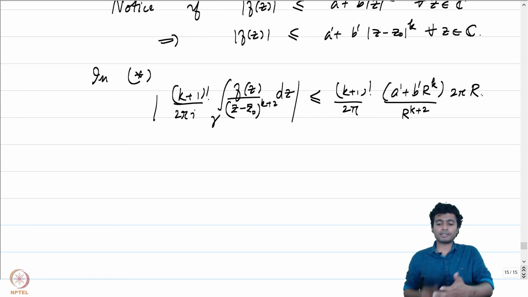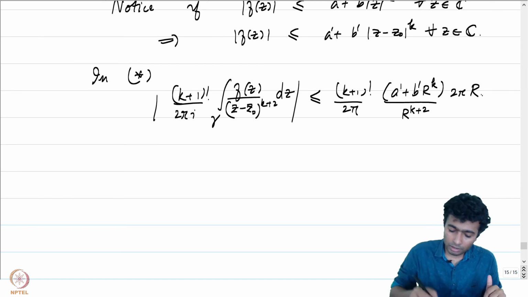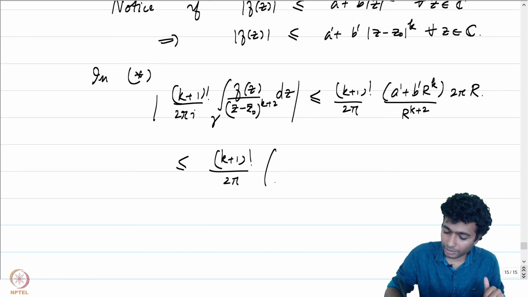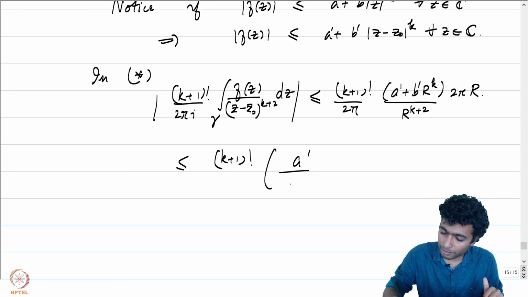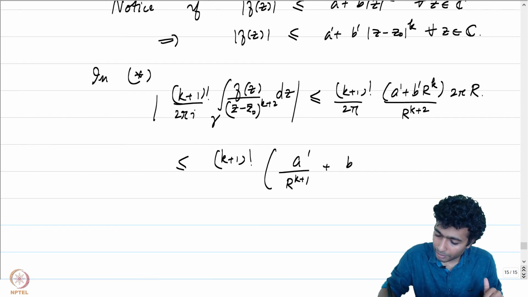So this is why I said it's going to be a mild variant of the Cauchy inequalities. So this is going to be less than or equal to (k+1)! by 2 pi into a prime. So the 2 pi's will cancel off, so I can forget about the 2 pi, which is good. And then this is going to be a prime by r to the power k plus 1 plus b prime by r.